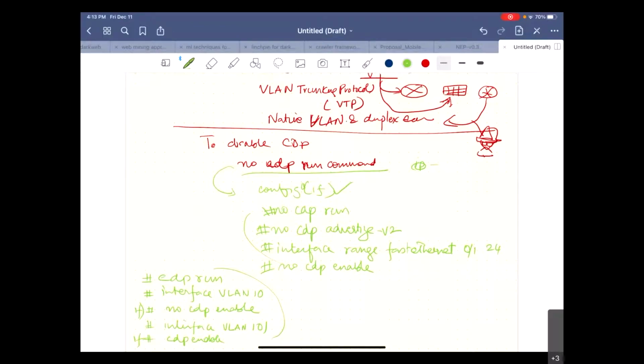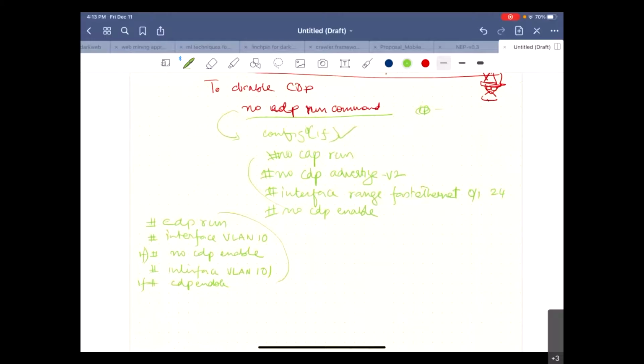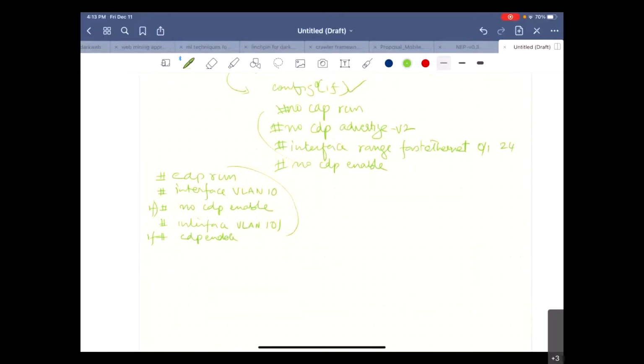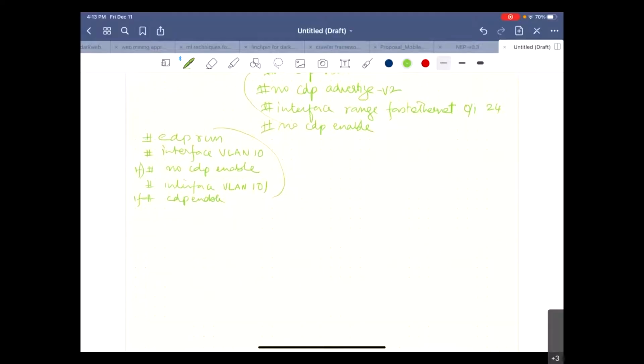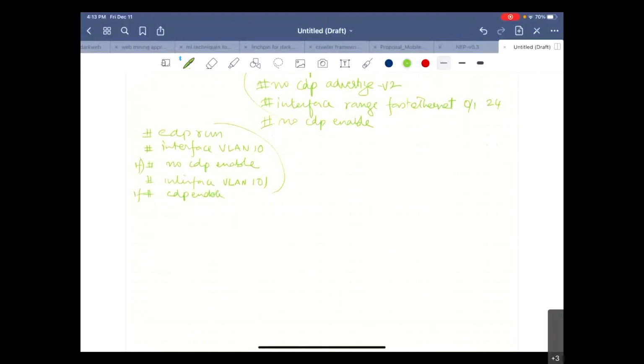Other than that, another vulnerability is flooding attacks, which generally happen on switches too. How do they do it? Basically it is about system availability.